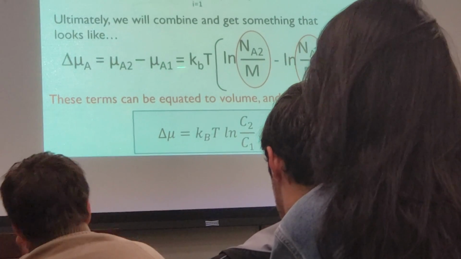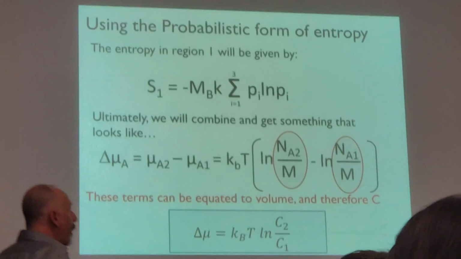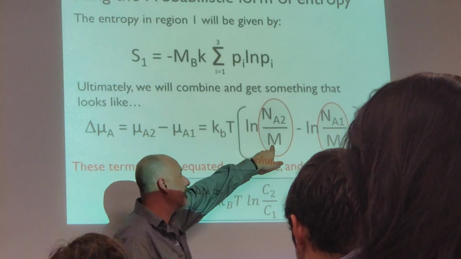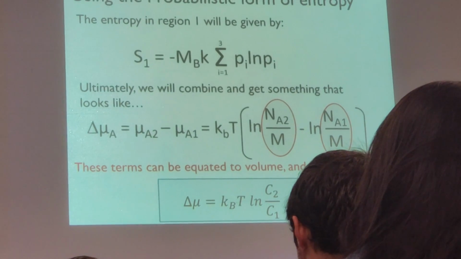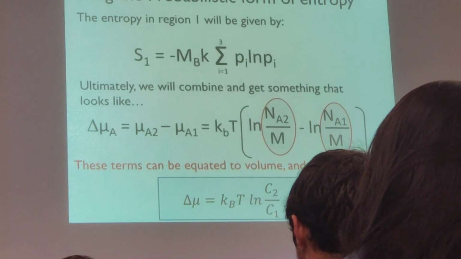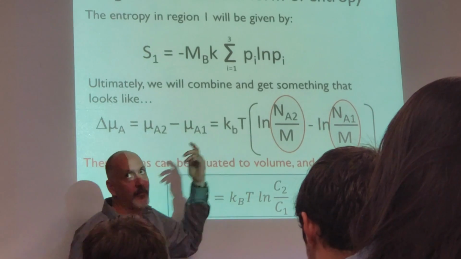All I care about is what's in the ln terms. It's some number of molecules over the total number of boxes in region 2 minus that in region 1. If I think of what that term means, it's some number of molecules over the entire size of the system.